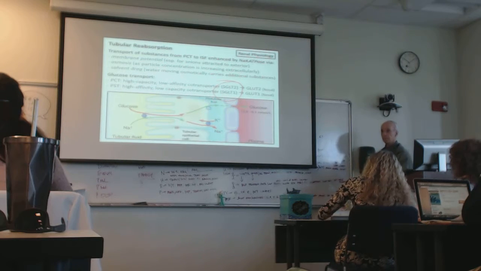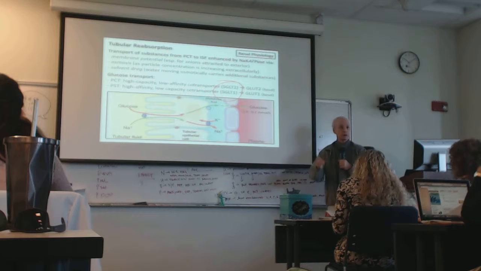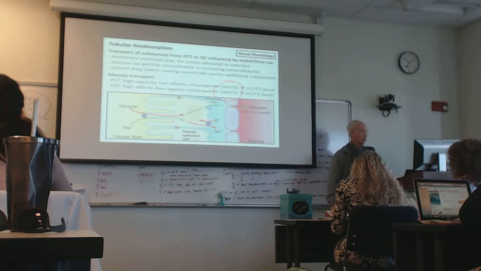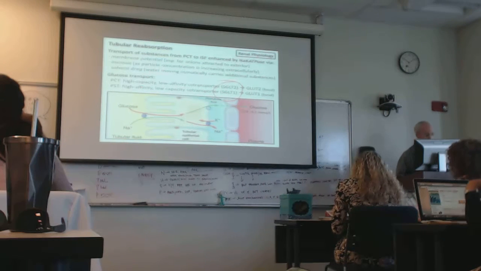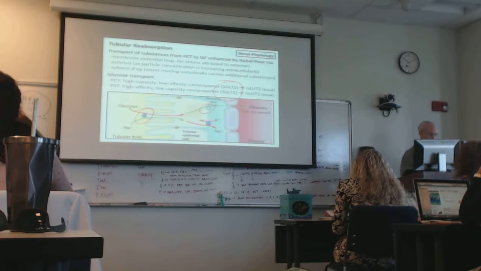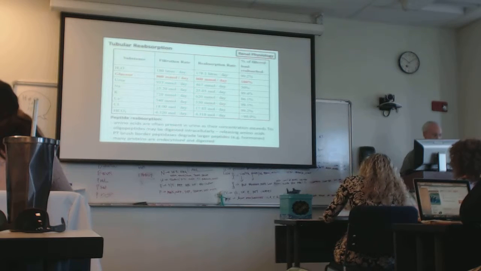What does that indicate? Secondary active transport, or sodium-dependent transport of glucose. One is a little more specific than the other. And then as we go back, you should recognize this transporter and this transporter, and know the mechanism of function for each.